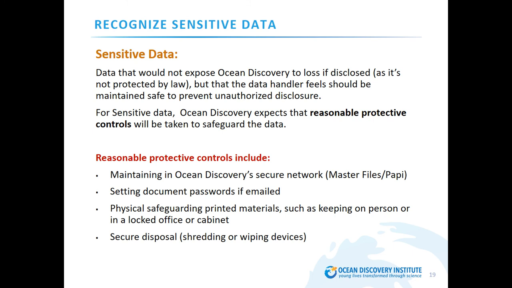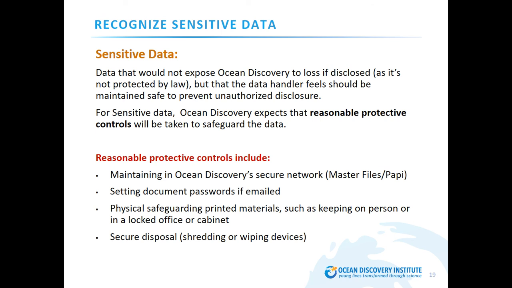Sensitive data is data that would not expose Ocean Discovery to a loss if disclosed, as it is not protected by law, but the data handler feels should be maintained safe and to prevent unauthorized disclosure. We expect that staff will take reasonable protective controls to safeguard the data.